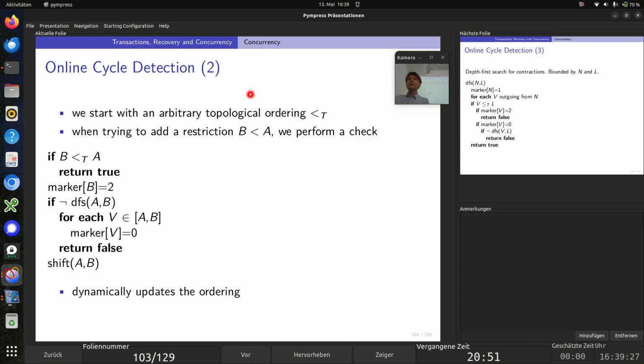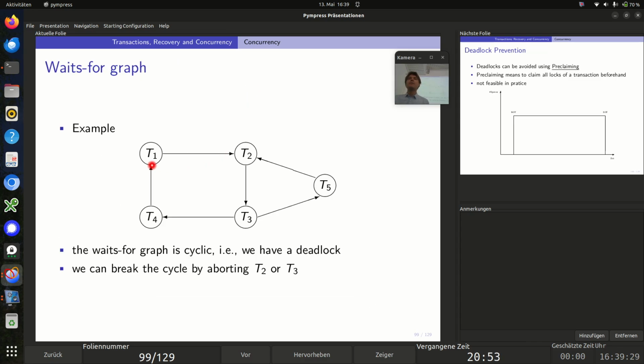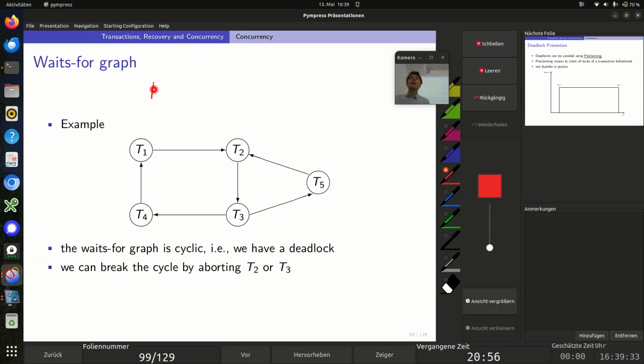As you remember, we have more than one transaction. And the idea is, okay, we start with an arbitrary order. Like say, we have T1, T2, and T3, and so on. And then the idea is, okay, we want to add dependencies.